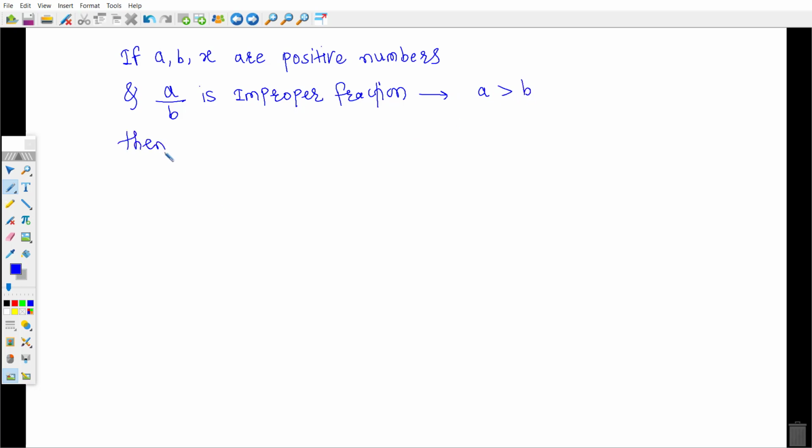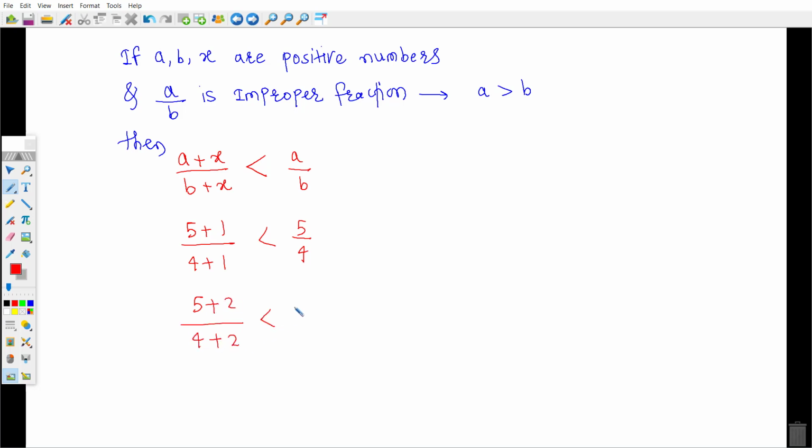Then if we add the same number in both numerator and denominator, the value of the newly formed fraction is always less than the value of the original fraction. For example, 5 plus 1 divided by 4 plus 1 is less than 5 divided by 4. For example, 5 plus 2 divided by 4 plus 2 is less than 5 divided by 4.